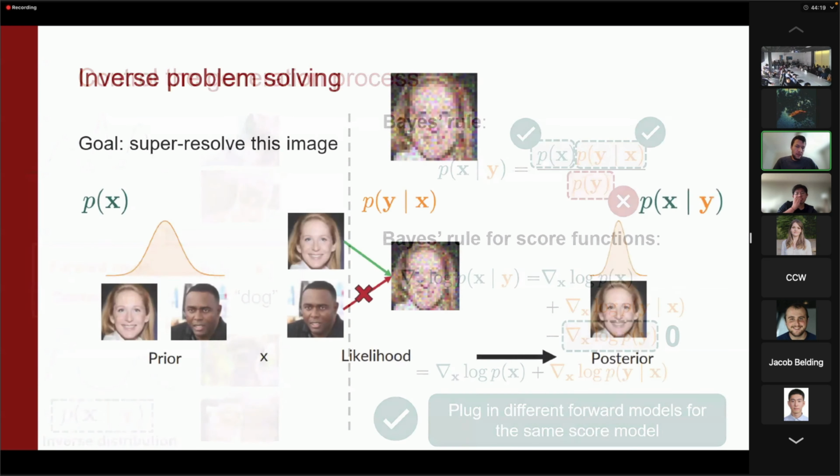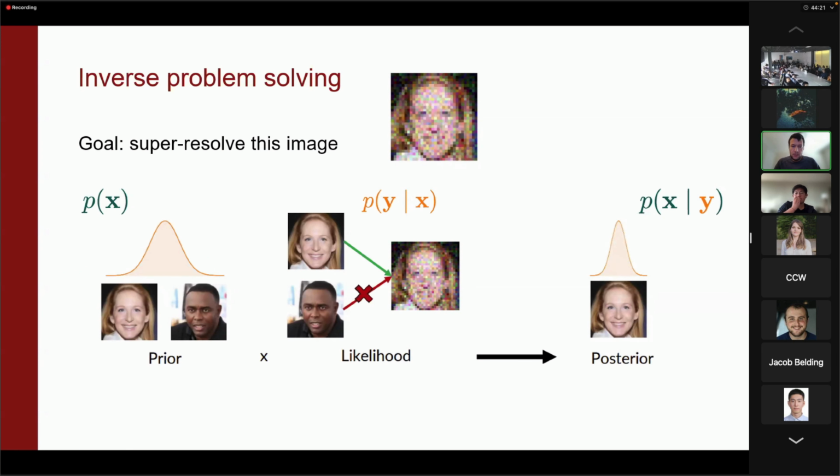A classic application of this is inverse problem solving. If you imagine the problem of super resolution, let's say I give you a very pixelated, very low quality image, and I ask you to try to recover a high resolution version of that image.